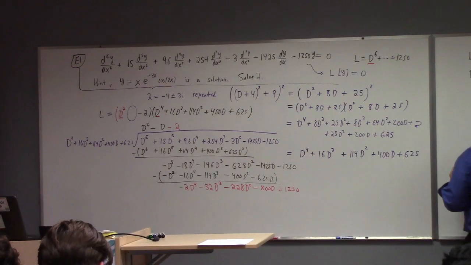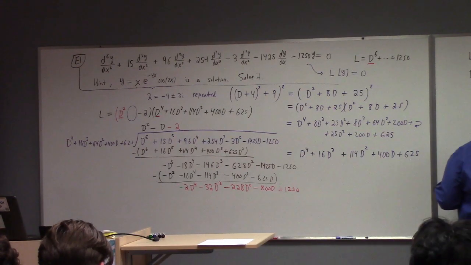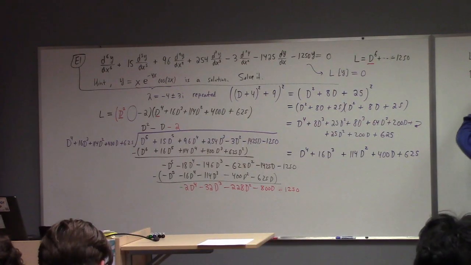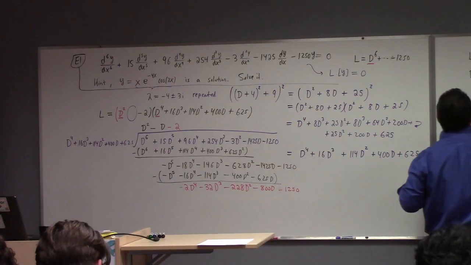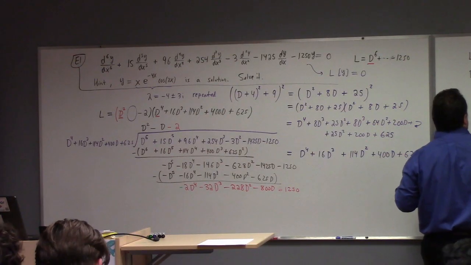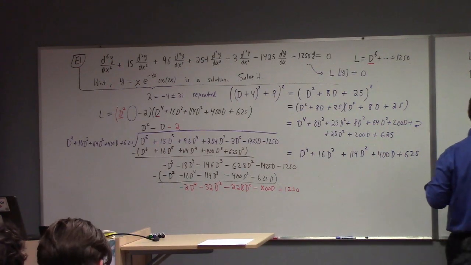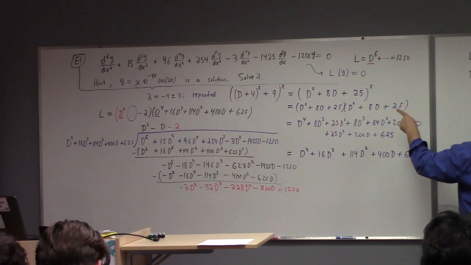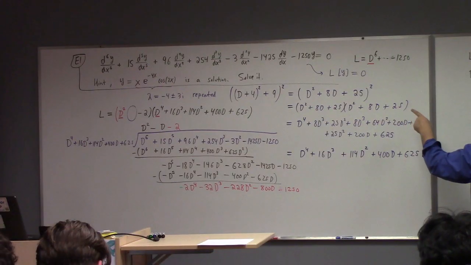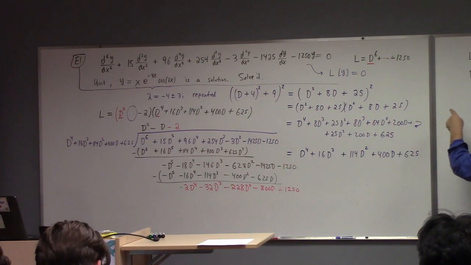Flip the script on that, because the minus wins there. All right, so apparently we have d minus 2 times d plus 1 times this monstrosity, d plus 4 squared plus 9, all squared, acting on y equals 0.